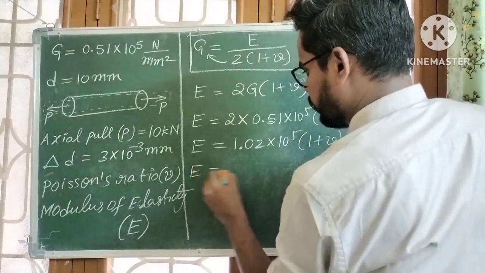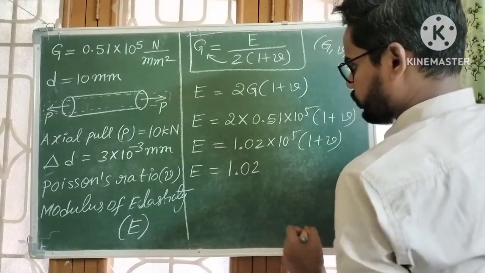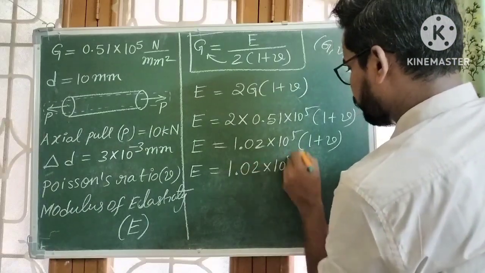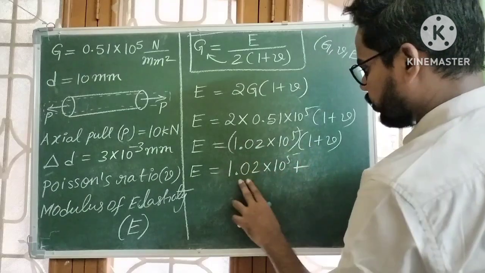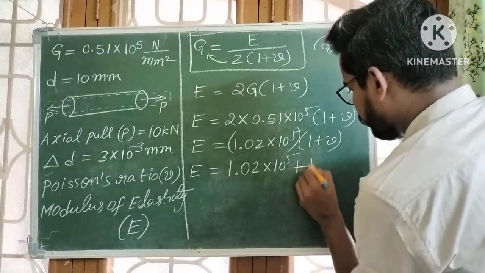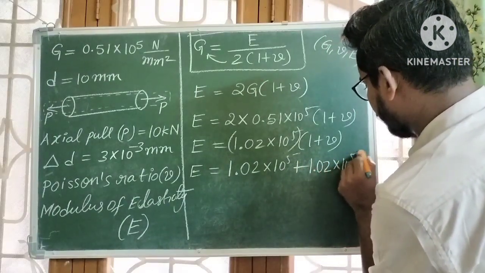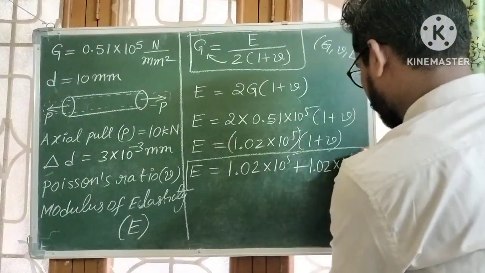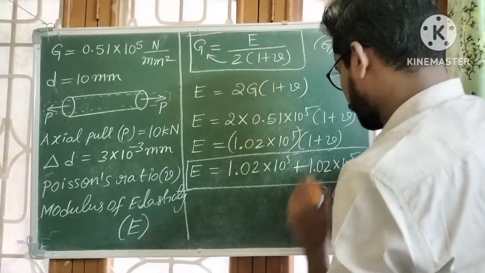Distributing, E is equal to 1.02 into 10 to the power of 5 plus 1.02 into 10 to the power of 5 nu. This is the relation between E and mu. Let us say this is equation 1.